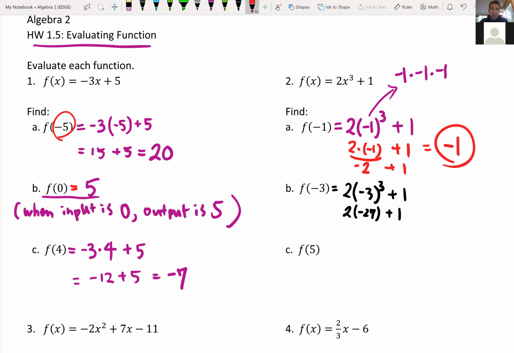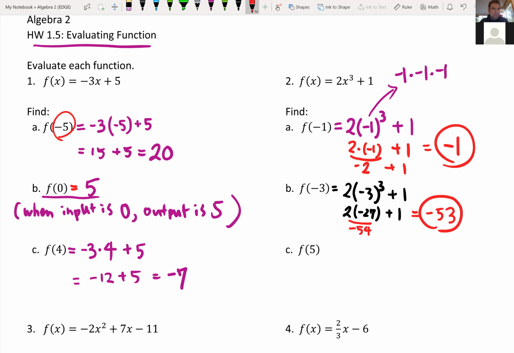Now, 2 times -27 is -54. Okay, so -54 plus 1 is -53.